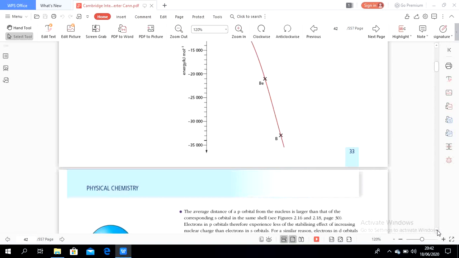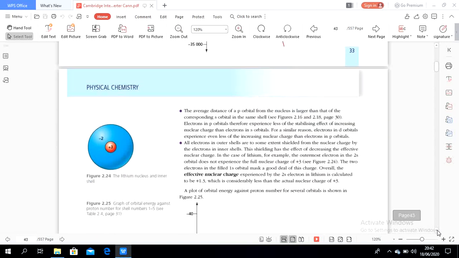And then let's see this one, the distance of the p orbital and s orbital from the nucleus. The s orbital is at a closer distance than the p orbital, because the s orbital is located closest to the nucleus, while the p orbital is further from the nucleus.